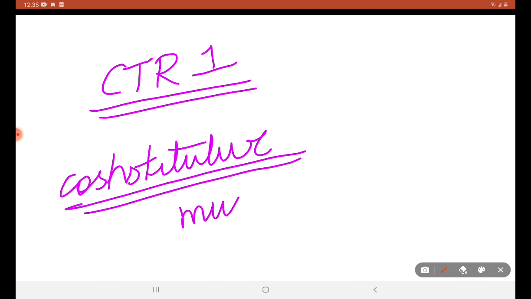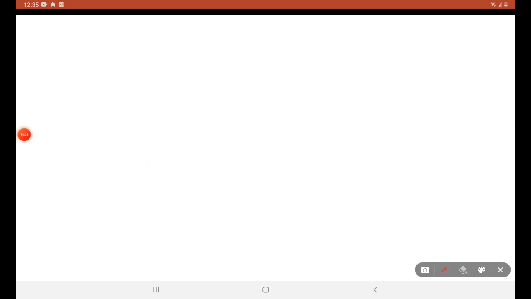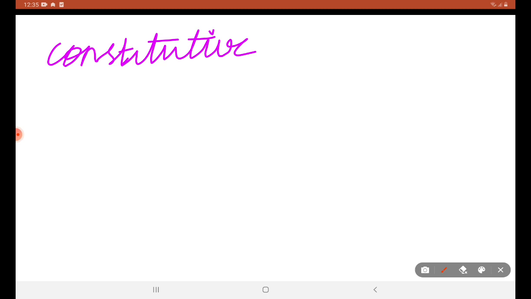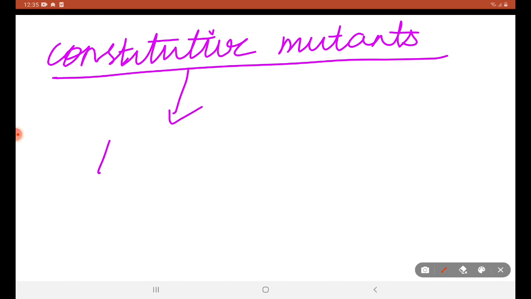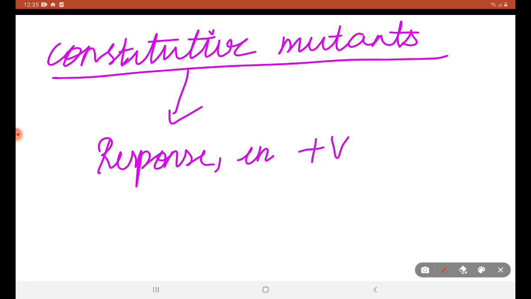Constitutive mutants produce a response in absence or presence.